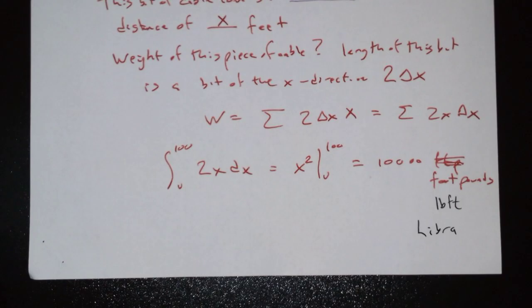Libra is a sign in the constellation Libra. In the zodiac, what is Libra? It's a scale. And the way you weigh something is to put it on a scale and put a weight on the other side. The weights were called librum. The thing I use on my scale, librum, LB. The crap you learn learning Latin.